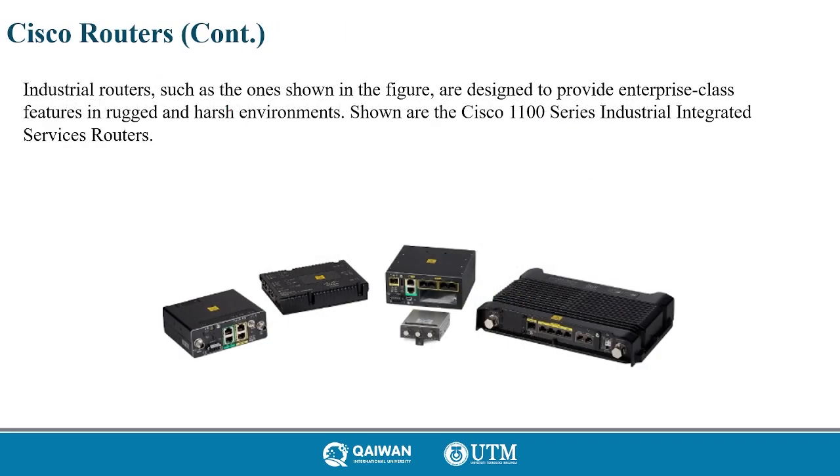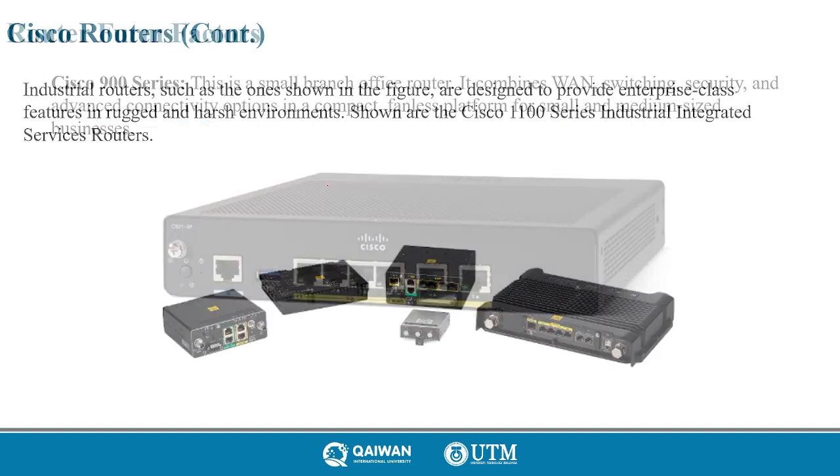Now, industrial routers, such as the ones shown in this figure, are designed to provide enterprise-class features in a rugged and harsh environment. So, for example, in the forests and so on, they will use these routers because they are designed for harsh environments, and it would be the Cisco 1100 series industrial integrated services routers.